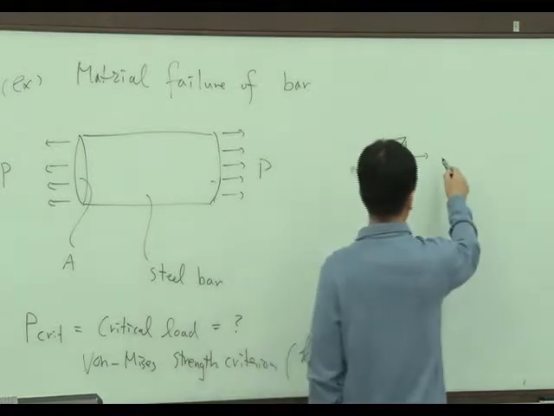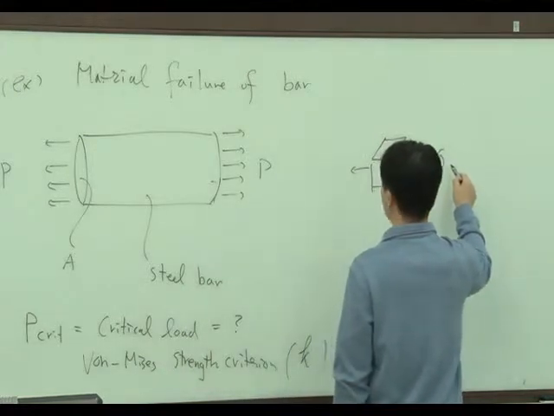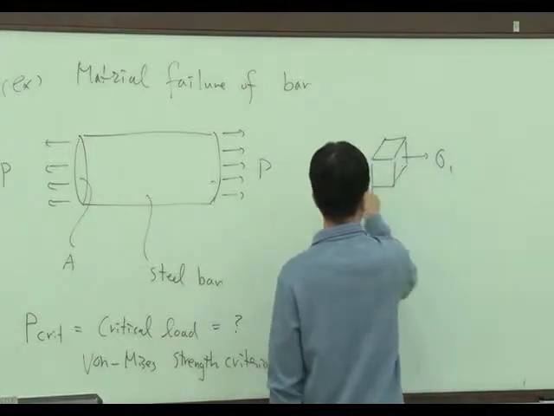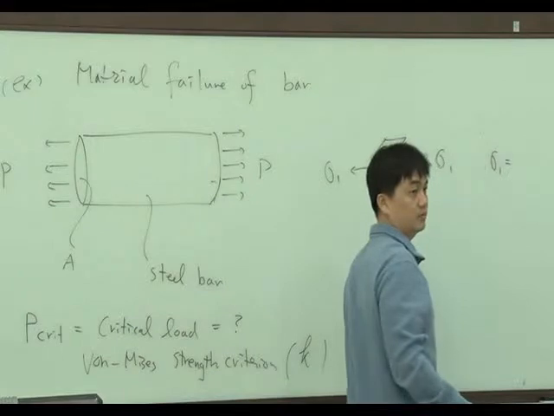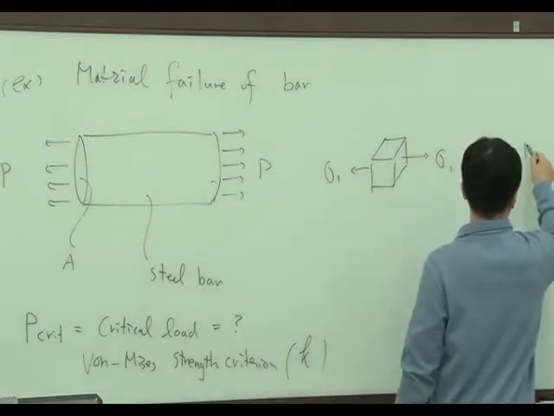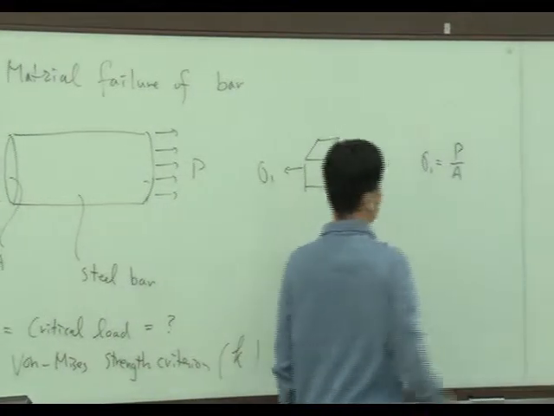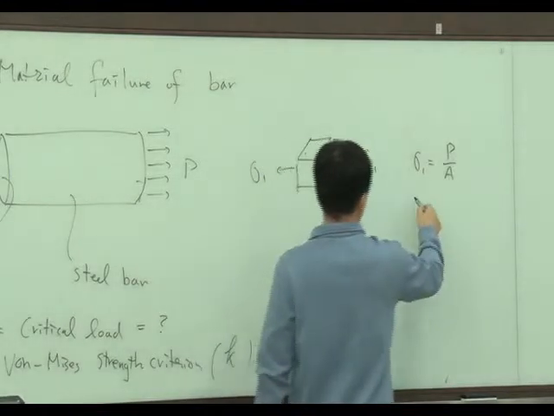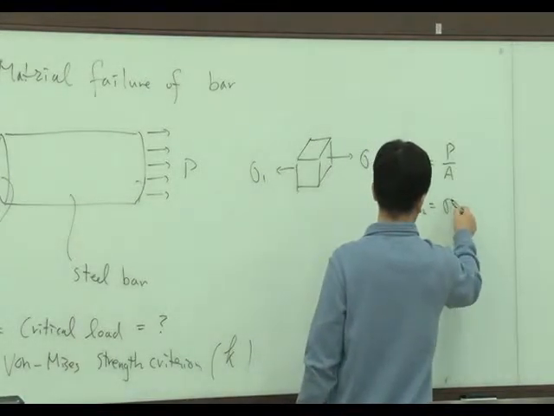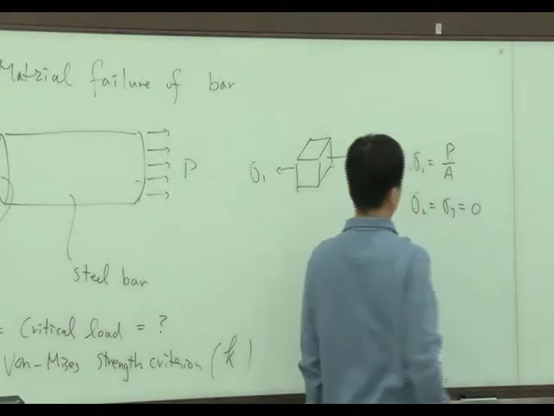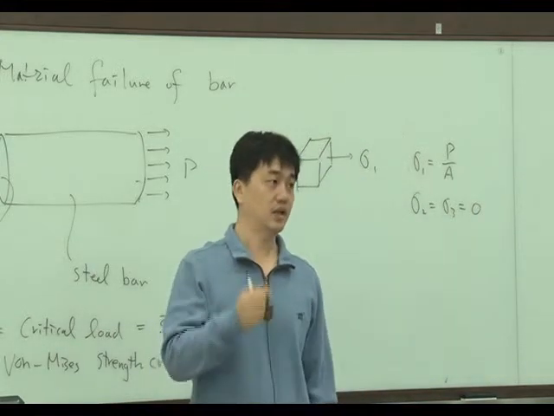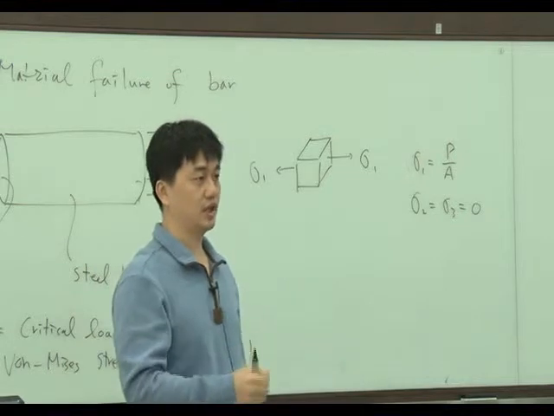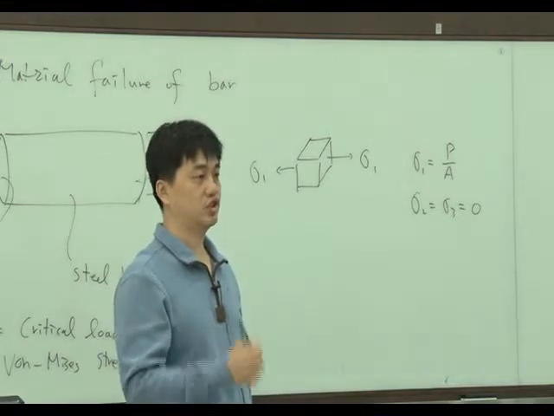So here sigma 1, sigma 1, and sigma 1 equals P over A, right? And sigma 2 and sigma 3 are 0. Sigma 1 is the stress in the x direction, 2 is the stress in y, 3 is the stress in z direction.